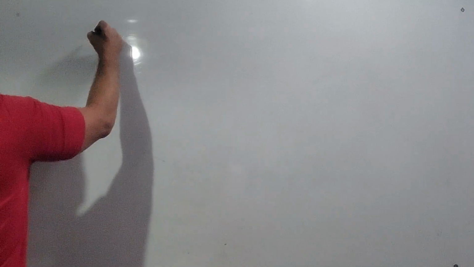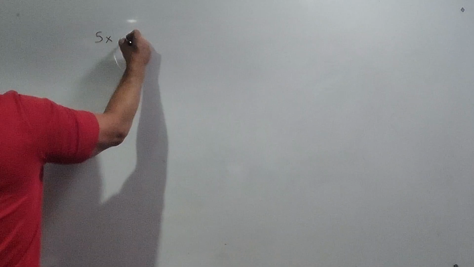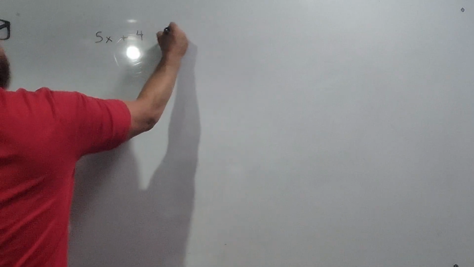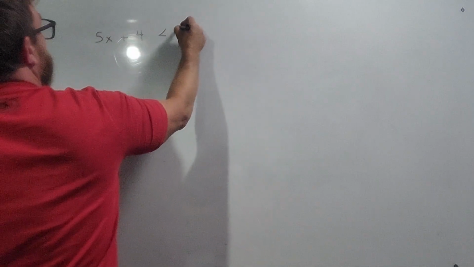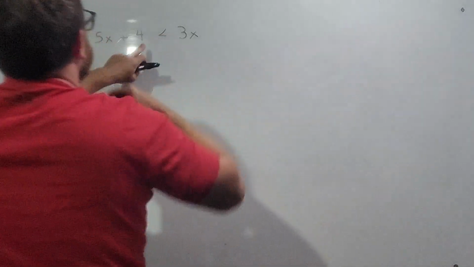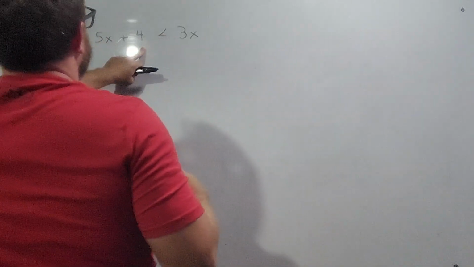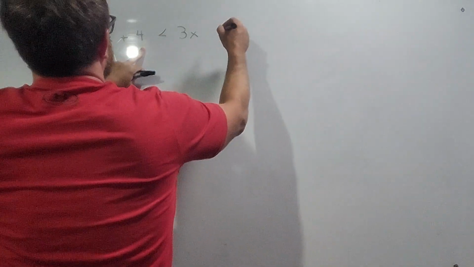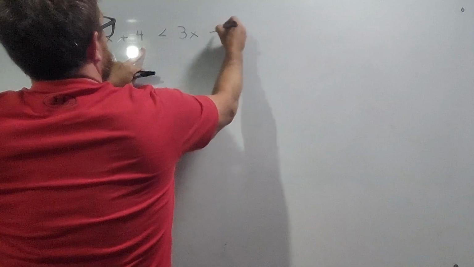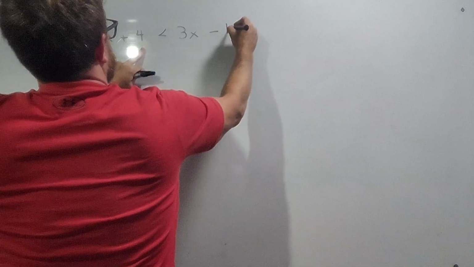So I want to show you why. Unfortunately, I didn't prep this particular one, so bear with me as I make it work out nicely. So let's say I want to solve 5x plus 4 is less than 3x, make sure that this is going to be even, so subtracting 4, I'll say minus 12.